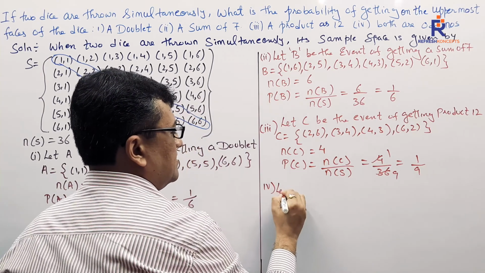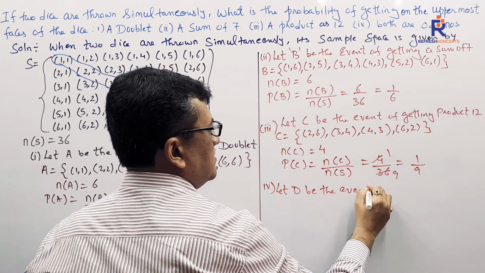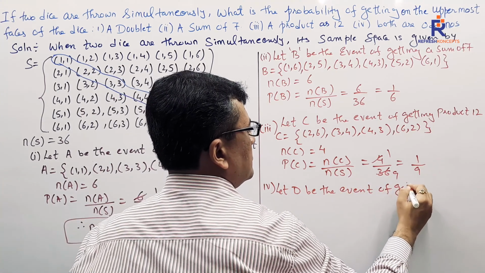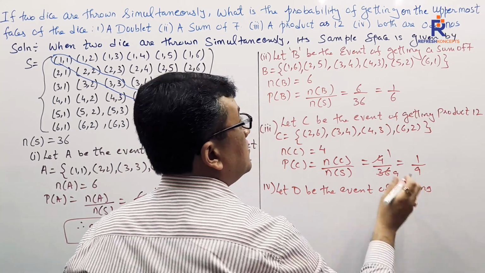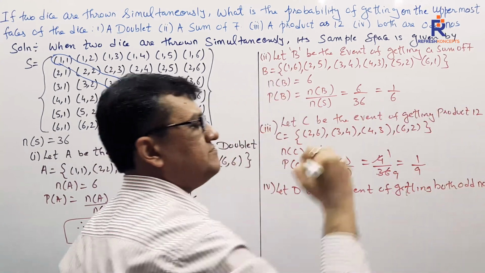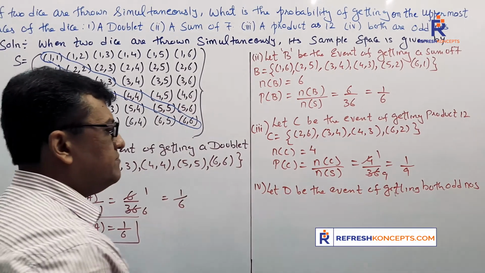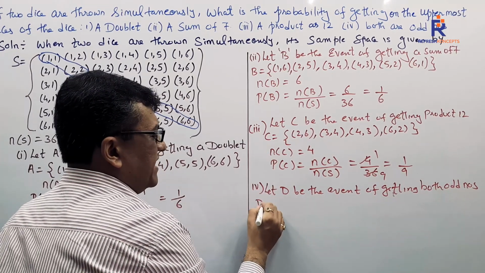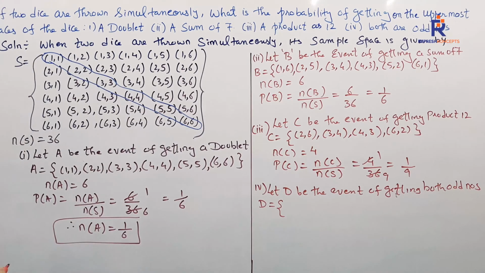The fourth one, last one, both the numbers are odd numbers. So let D be the event of getting both odd numbers. So then what is there in D? D is equals to both odd numbers we are talking about.